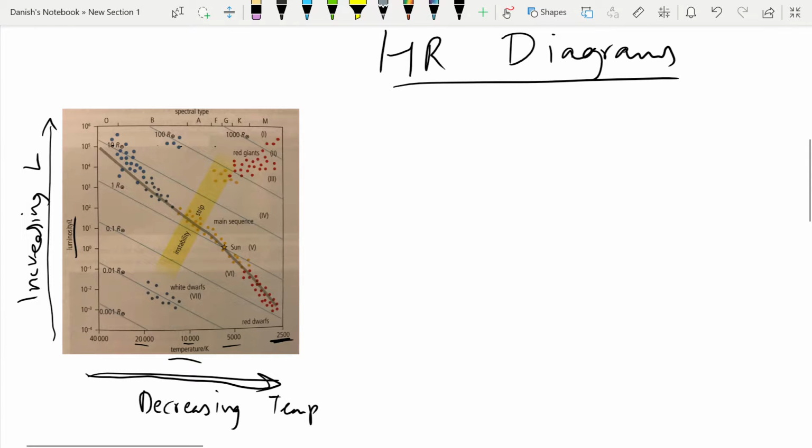And these blue giants, their temperature is extremely hot, and their luminosity is high. So yeah. Now you can also notice that most stars are on this band, the main sequence band.